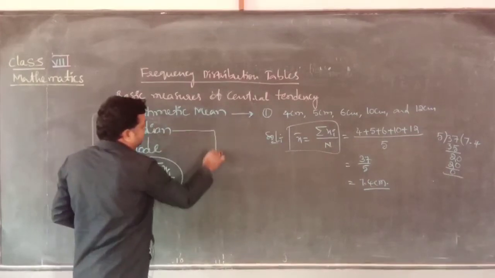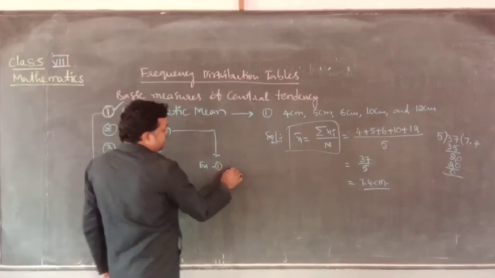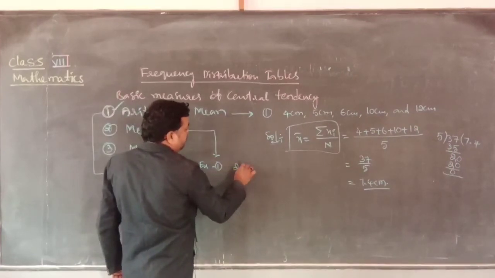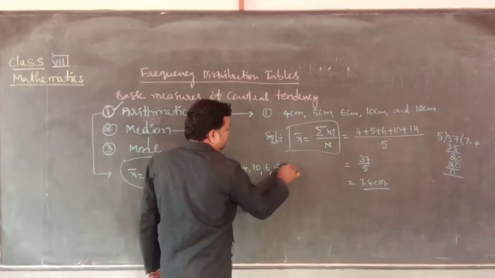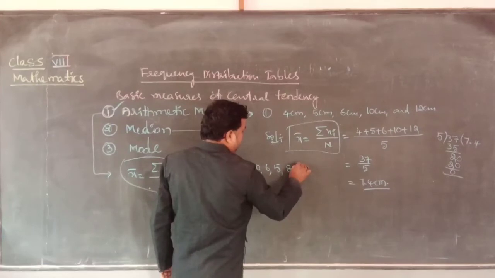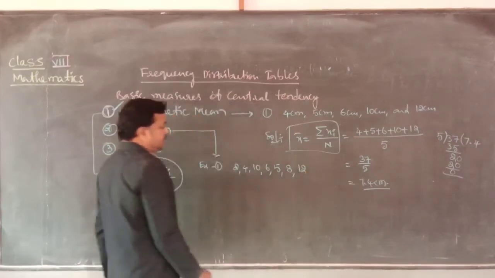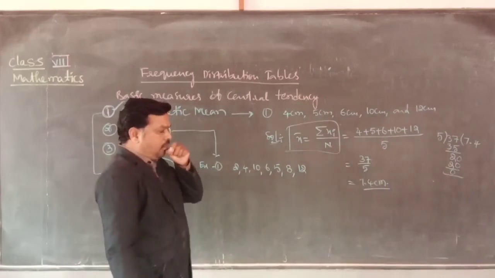See, the given numbers are 2, 4, 10, 6, 5, 8 and 12. Here, the total is 7 observations.